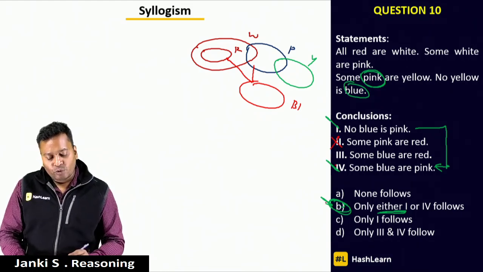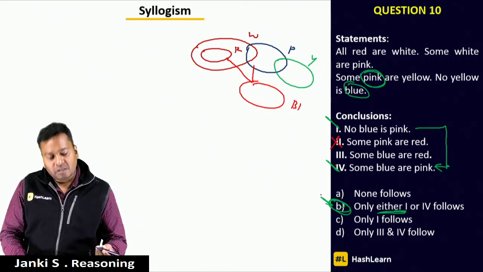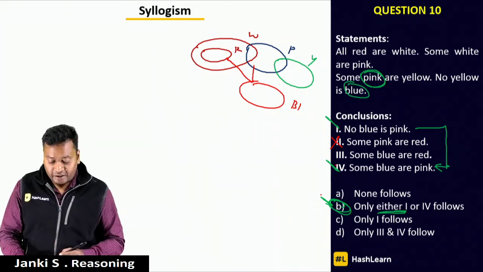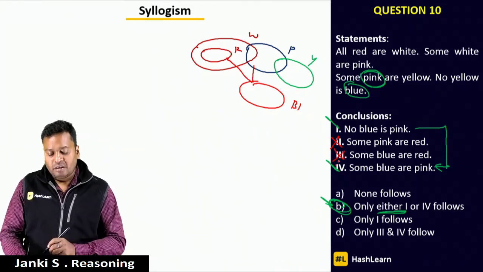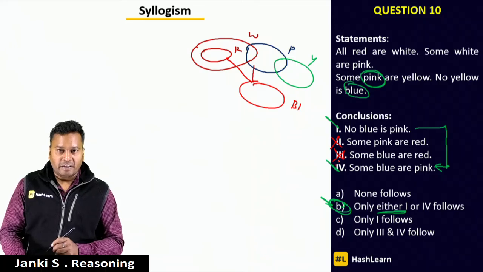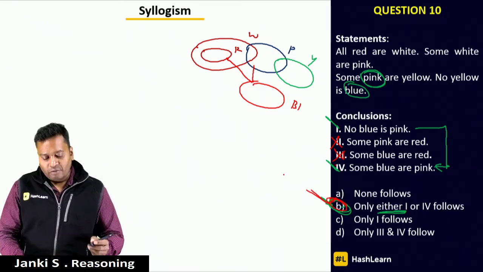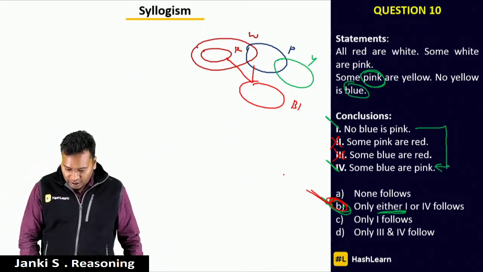And then some blue are red, some blue are red, may be possible, may not be possible. Identify करो, इसके लिए कोई either का फॉर्मेट नहीं है यहाँ पे, right. That means ये तो कंक्लूजन में होगा नहीं, इधर अगर होता तब हो सकता था इस केस में, राइट. दैट मीन्स ऑप्शन बी विल बी द फॉर्मेट, राइट.